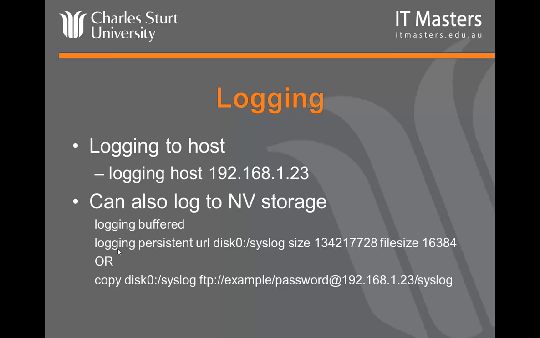Logging buffered sends it to your buffer. Logging persistent url disk0:/syslog, so that's basically your flash card, in the directory /syslog. We're going to give it a size, and the file size is 16384, so basically 16K of information. It doesn't sound like a lot, but it actually can be a lot.